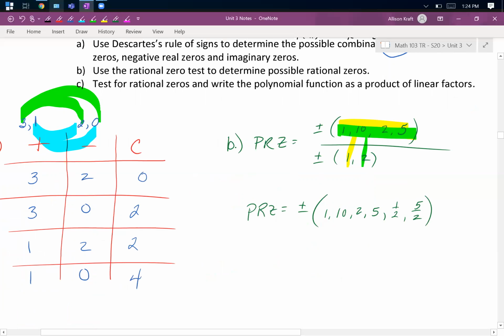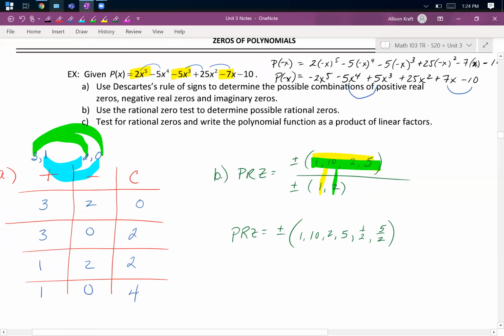Now it's time to start testing those numbers so that we can rewrite our polynomial as the product of 5 linear factors. I always check positive 1 first. The reason is I use the remainder theorem for it, where I just add up all the coefficients of our polynomial.